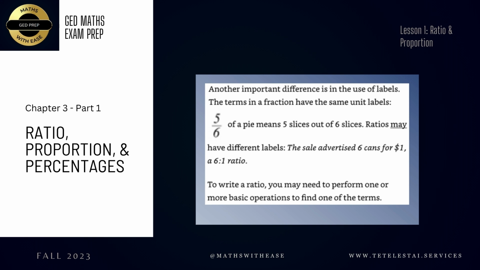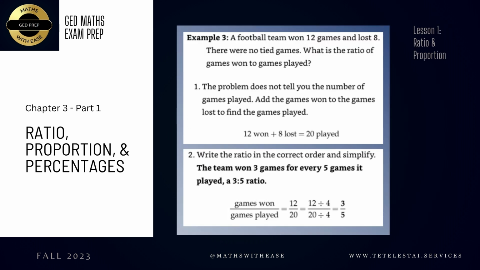To write a ratio, you may need to perform one or more basic operations to find one of the terms. In this example, we're being told that a football team won 12 games and lost 8, and there were no tied games. What is the ratio of games won to games played?